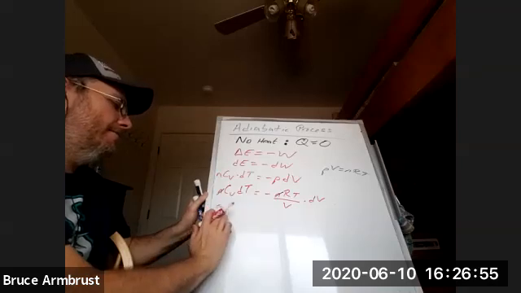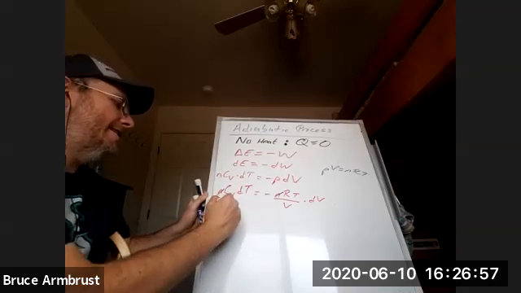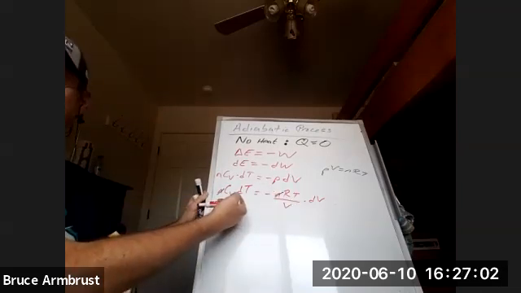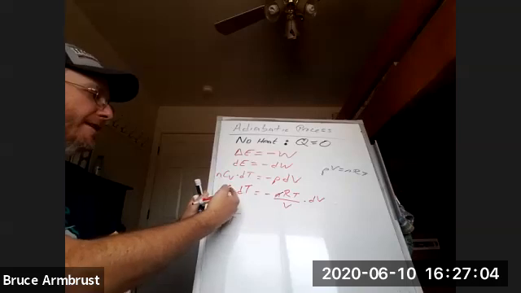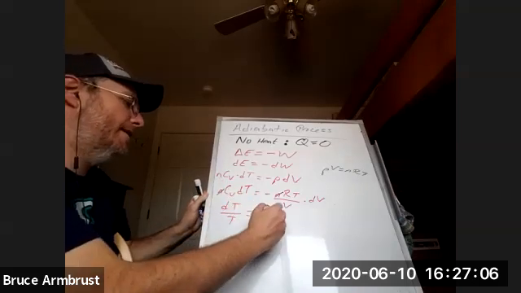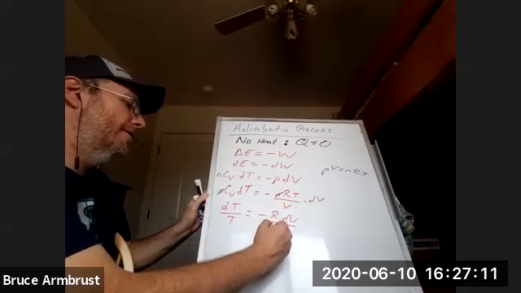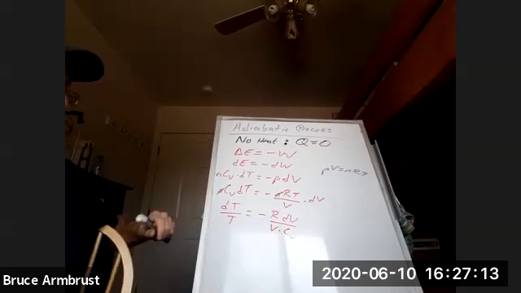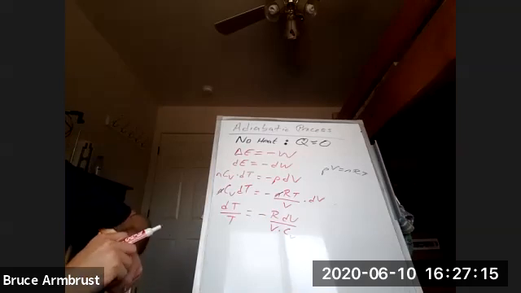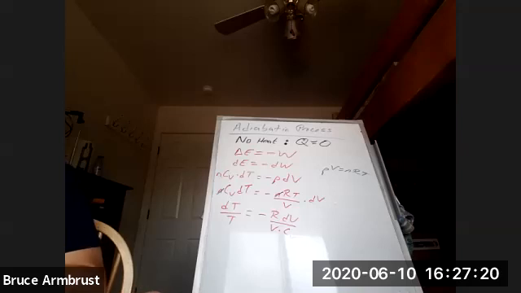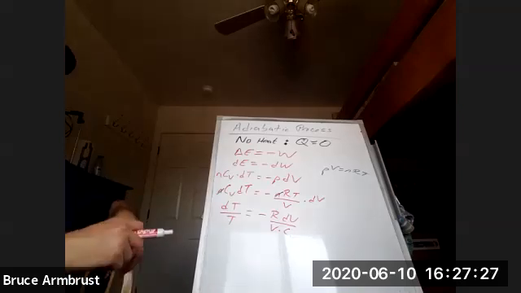Actually, I want dT over T, so I'll divide by T. And I'll move the Cv to the other side. So we get minus R dV over V times Cv.